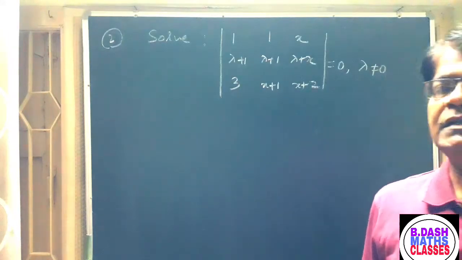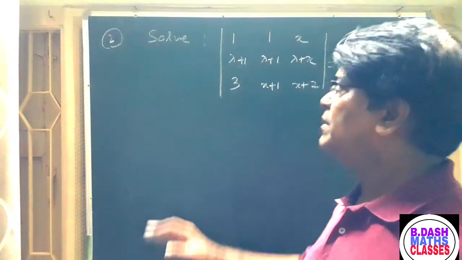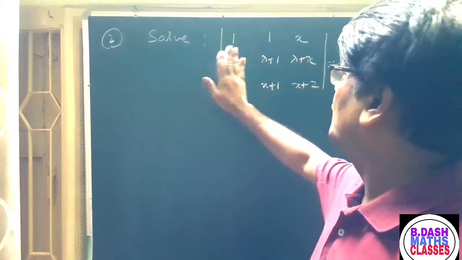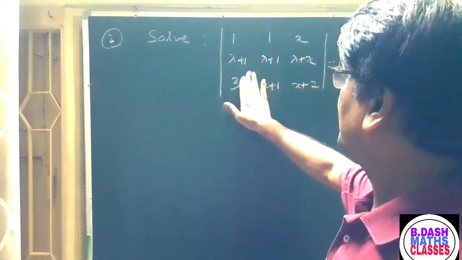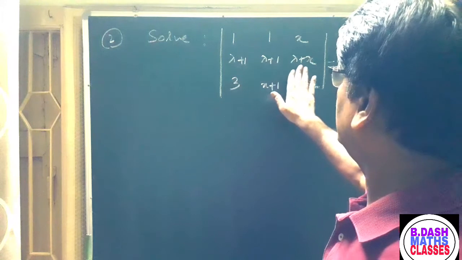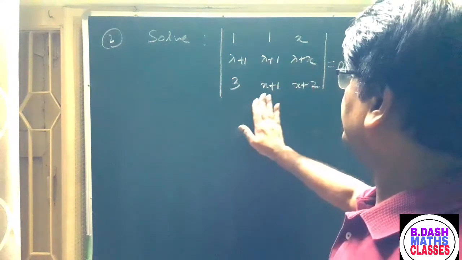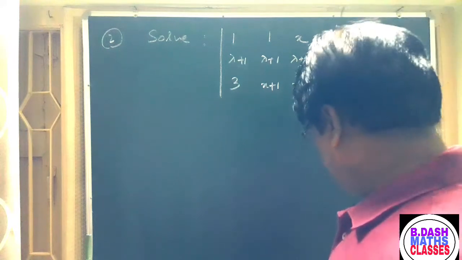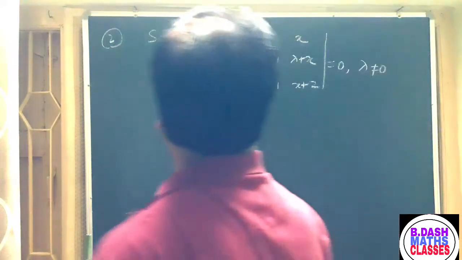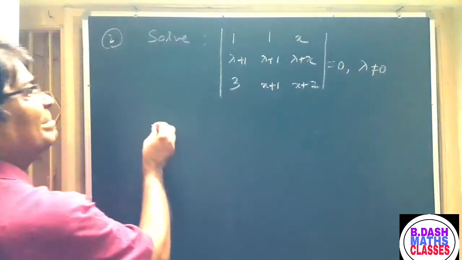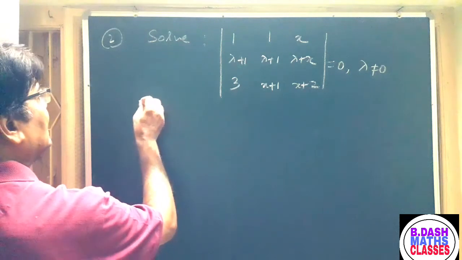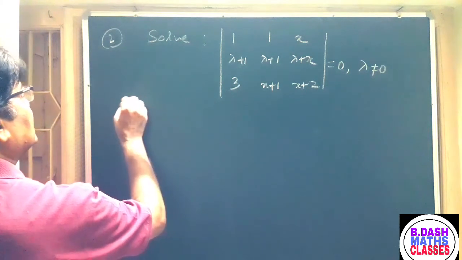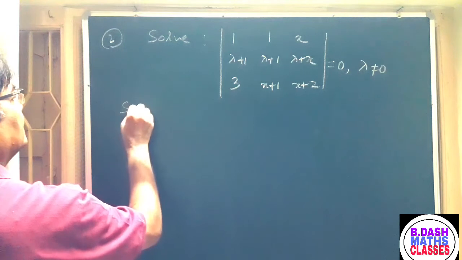So let us proceed to solve our next problem. Solve the determinant with rows 1, x, lambda plus 1; lambda plus 1, lambda plus x, 3x plus 1, x plus 2 equal to 0. So we have to find the value of x here. Solution.